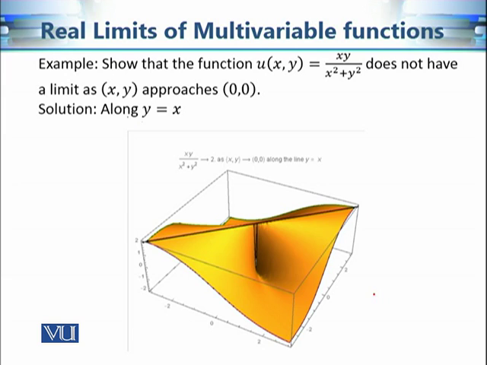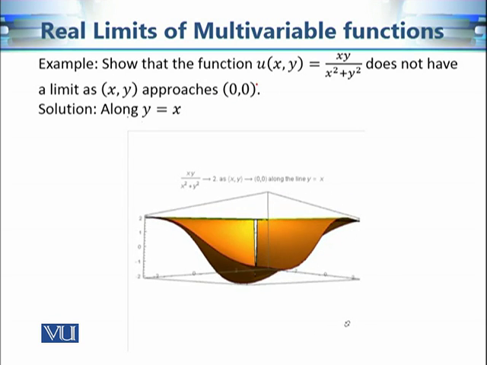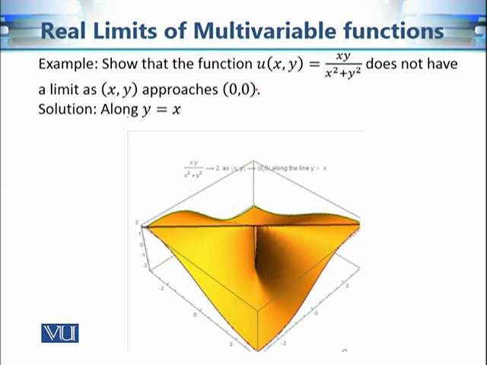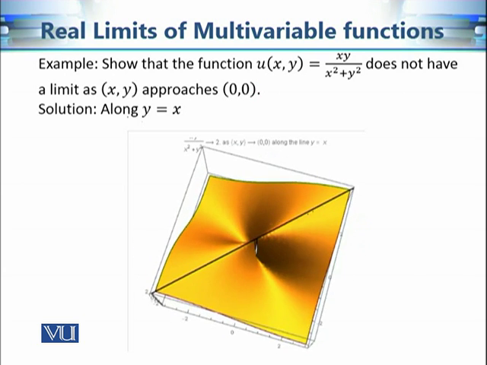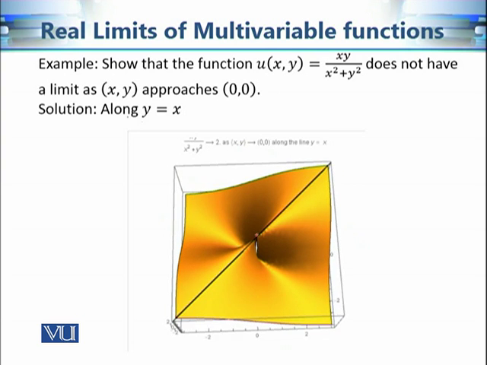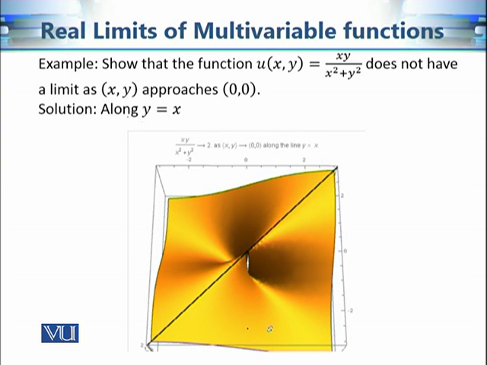So this is the graph of the function u of xy, and if we are saying that we are calculating the limit of this function while we are approaching the origin (0, 0) along the path y is equal to x, it means that we are traveling along this black line, and this central point is basically the origin.